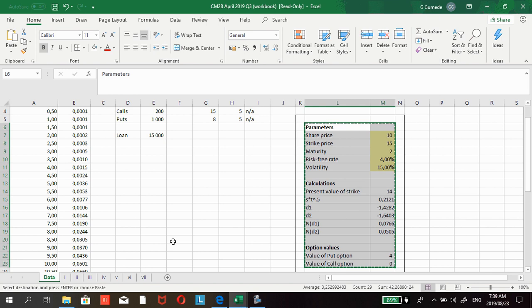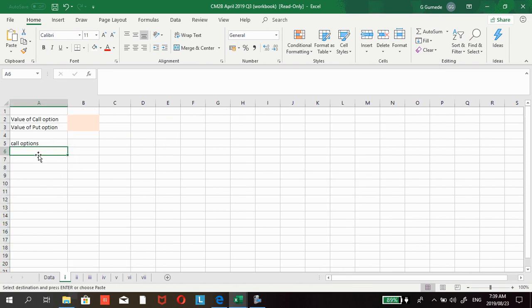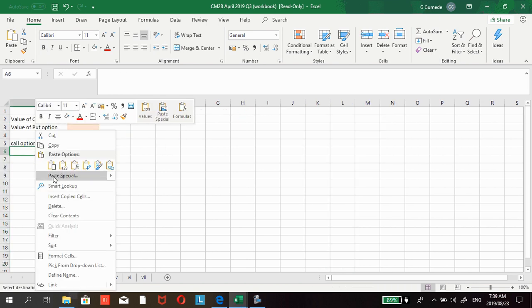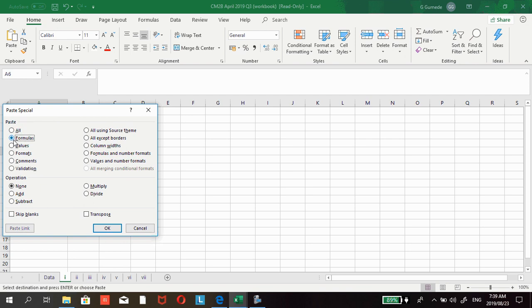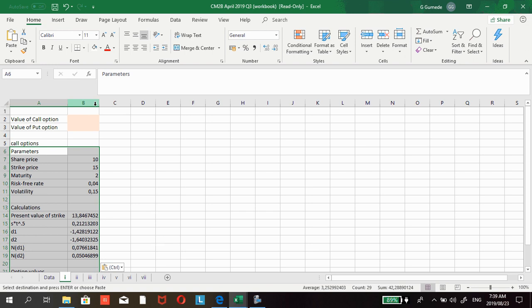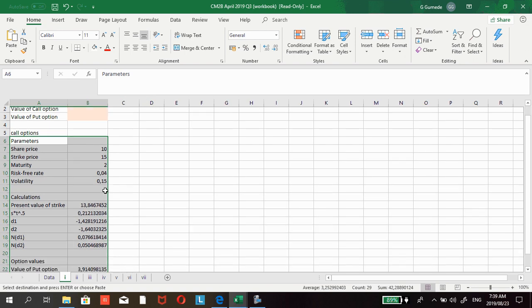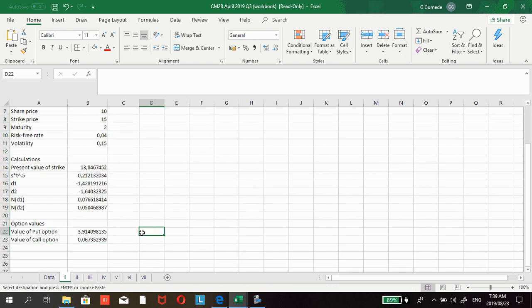I'm going to copy this, come here and paste everything. I'm going to paste formulas there. If you go down and check the value of the call option, it is not equal to 0.